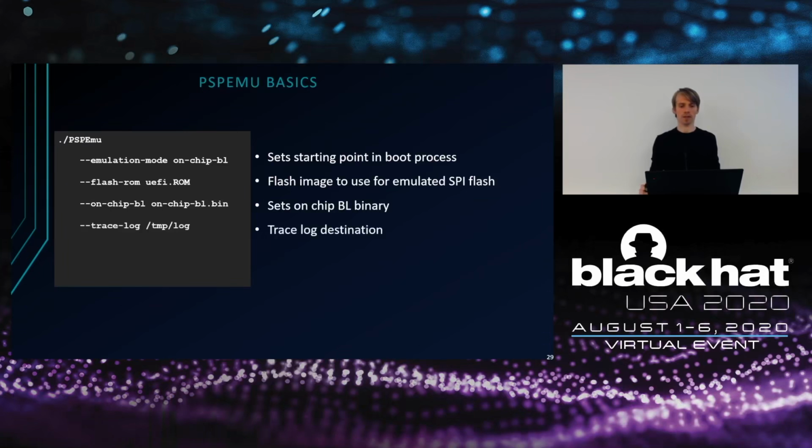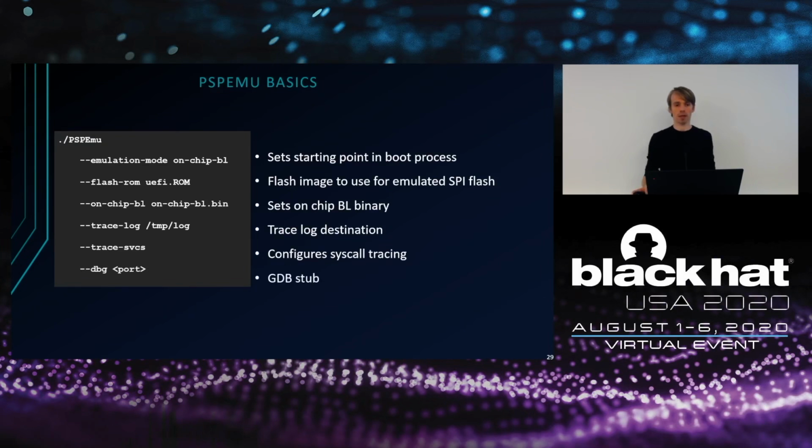Then you set the destination of the trace log. So everything which is deemed important by the emulator will be logged to the trace log, like I/O reads and writes and so on. And because most of the time it will be interesting to see the interaction between the various user mode modules and the supervisor mode code, you should also enable syscall tracing. So every syscall being made along with its arguments will be logged to the aforementioned trace log.